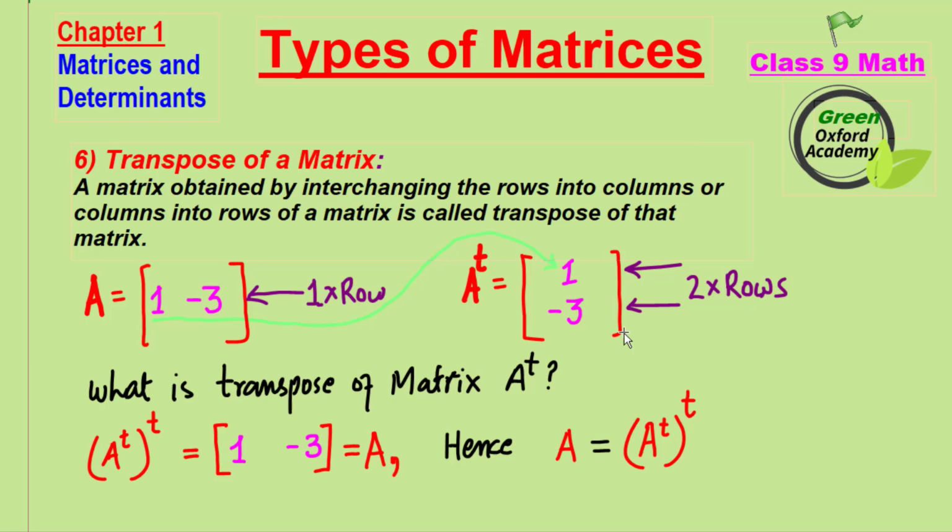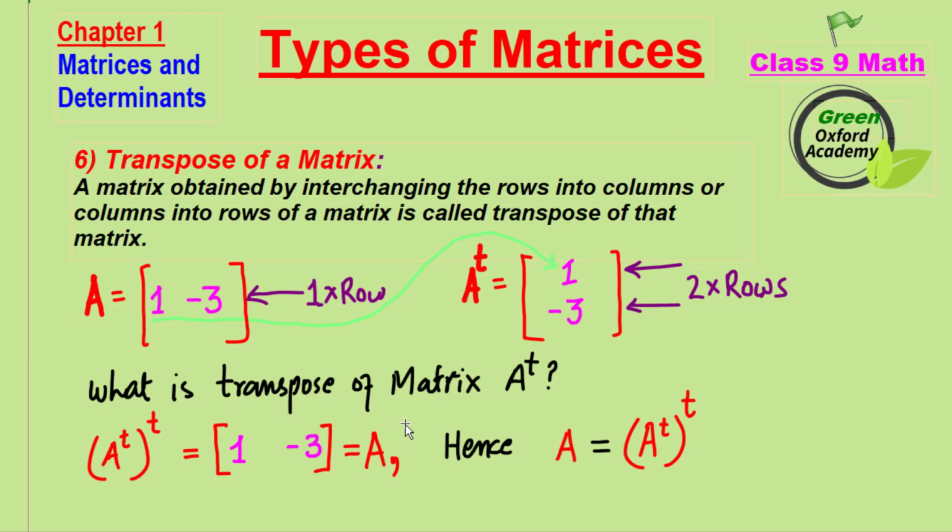Now, another important property of the transpose matrix: taking the transpose of any matrix twice gives the same matrix. Here you can see the transpose of matrix AT is equal to 1, minus 3, which is equal to matrix A. Hence, we have a property of a matrix. By taking the transpose of any matrix twice, it remains equal to the same matrix.